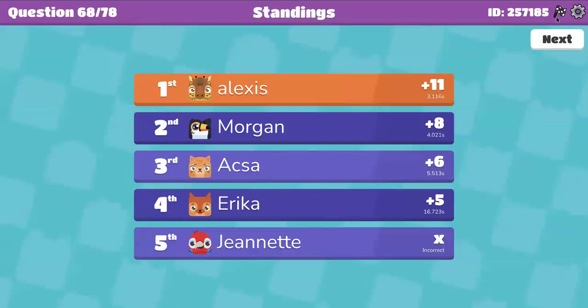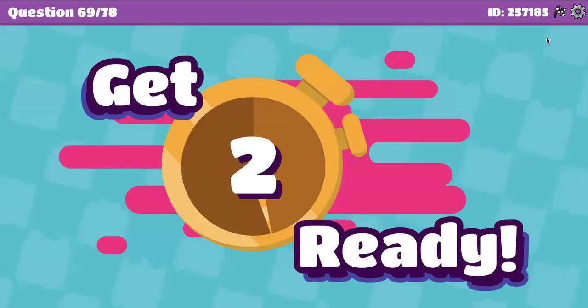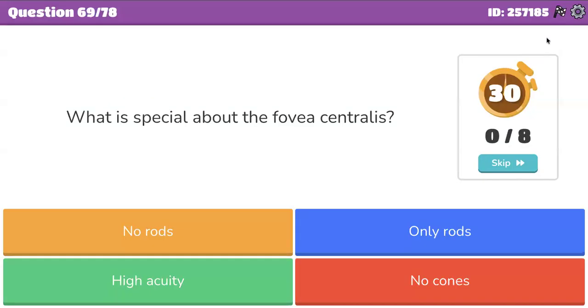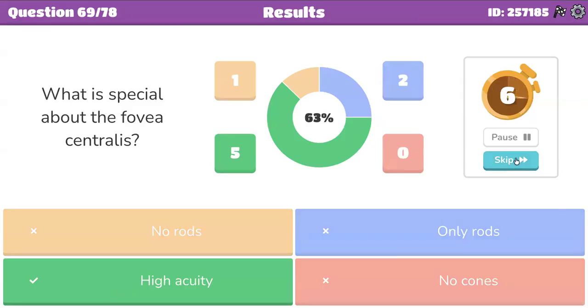Optic disc. It takes up the space where the rods and cones are, which is why we can't really see anything in that spot. What is special about the fovea centralis? High acuity.